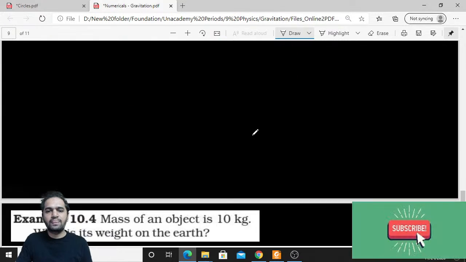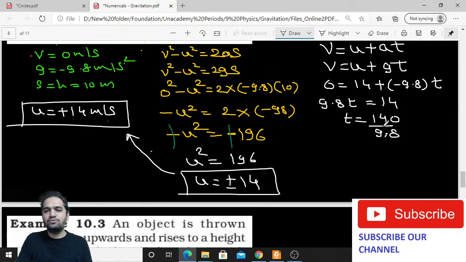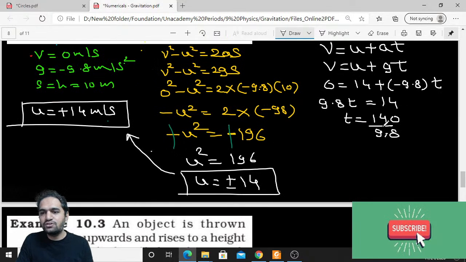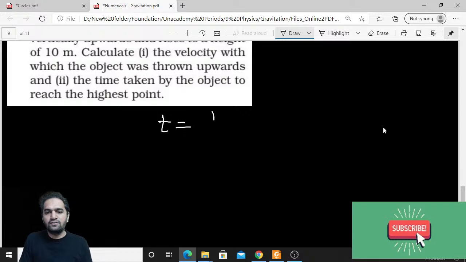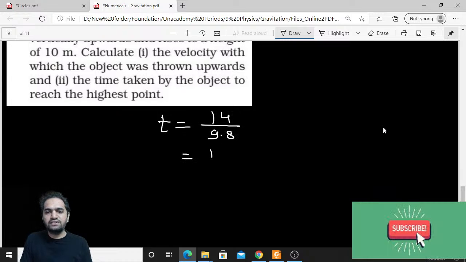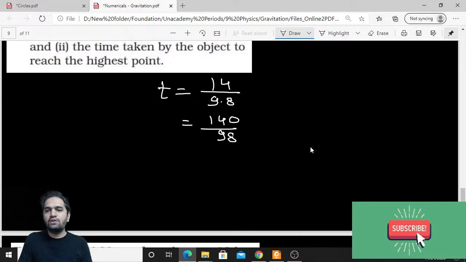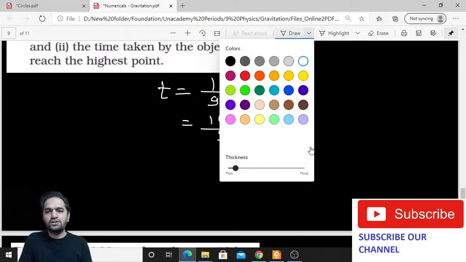So that you can understand it better, I am doing the calculation at the bottom side. So t is equal to 14 by 9.8. This can be written as 140 by 98. That decimal point I am shifting to the numerator side. Now you can divide it by 4 or 2, or maybe 9, whatever is feasible.